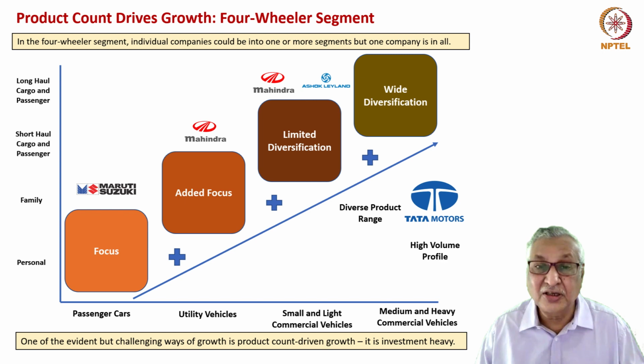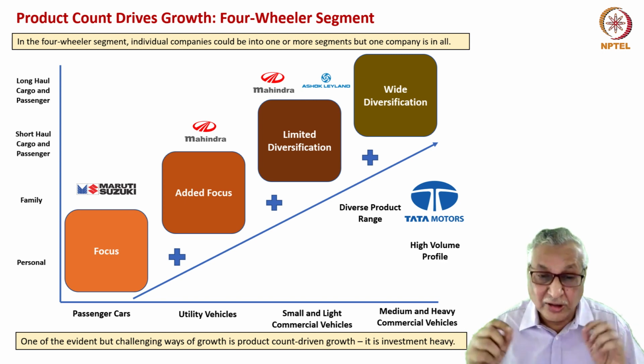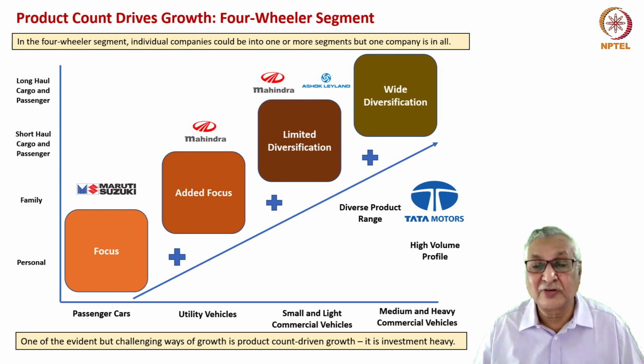It is challenging because it requires massive R&D capabilities to develop products of multiple usage factors, multiple form factors, and multiple design parameters within a single company. It also requires huge manufacturing facilities to be able to deliver those products for the customers. It is a heavily investment intensive strategy.